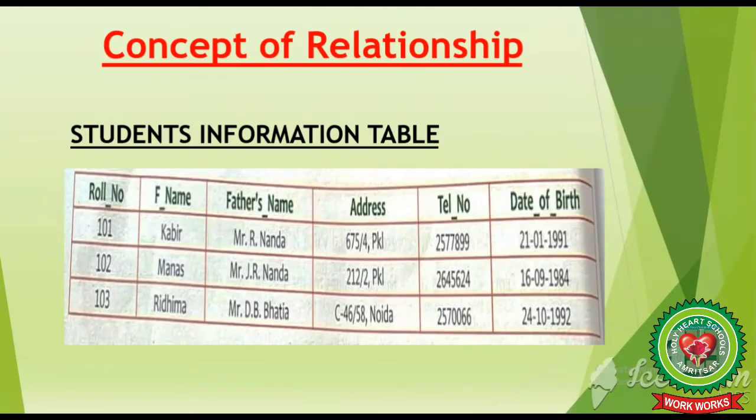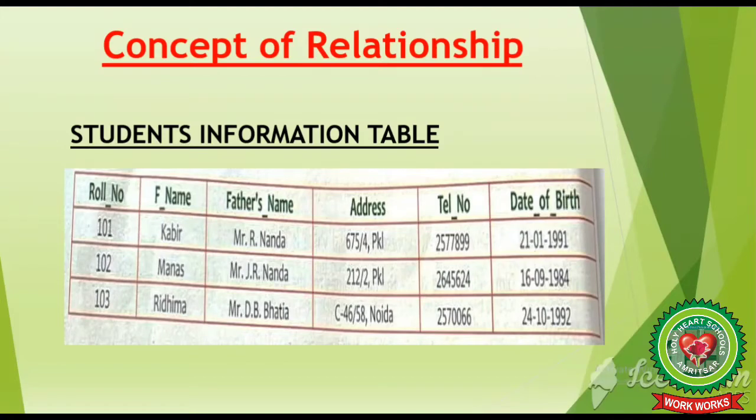Students, let us understand the concept of relationship with the help of an example. To maintain the student's database in RDBMS, instead of entering all the records in a single table, we will split our fields into two tables having a common column such as a roll number.